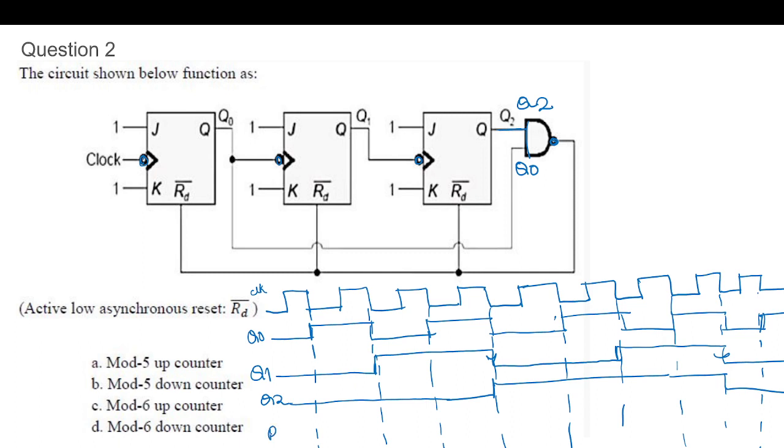Next is our clear logic. It is RD complement, which is nothing but Q2 Q0 whole complement. So the NAND gate output will be 0 when both the inputs are 1, and 1 otherwise.